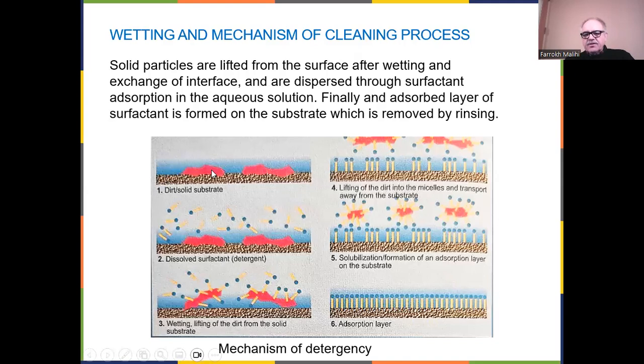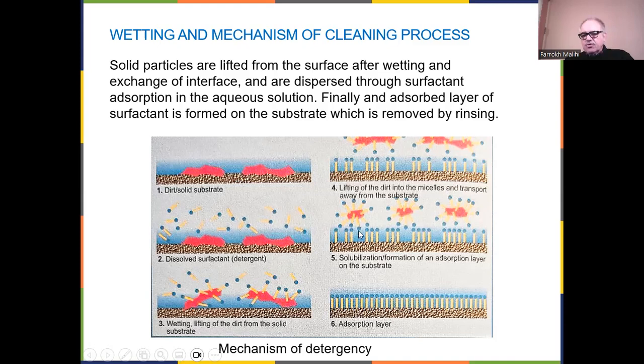Here is a schematic of a complete cleaning process. As you see here, initially you have dirt, which can be greasy or particulate soil, on a given substrate. When we place this in detergent solution, surfactants are adsorbed on the surface of the substrate and on the surface of this soil, and the reduction of surface and interfacial tension loosens the soil and causes it to be removed.